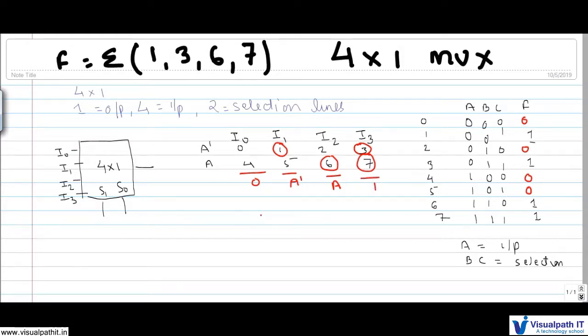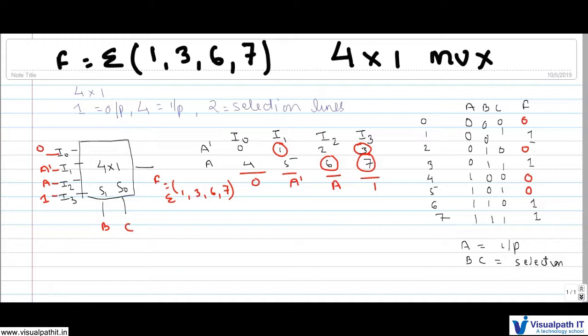So I will have the inputs 0, A dash, A and 1, and I will give B and C here. So now this circuit will produce this function, 1, 3, 6, 7. This circuit will produce this particular function, right?